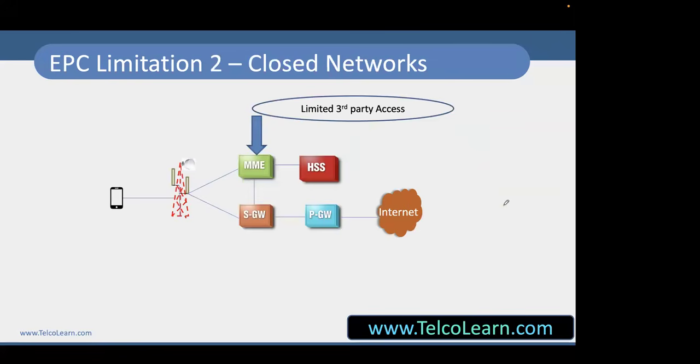The other limitation was that our core network had very limited third party access. They were not really providing standard APIs or open APIs for third party integration. However, at a later stage in release 12 and release 13, we introduced a new network function in 4G called SCEF, the service capability exposure function, which can expose the capability of the network to third parties, but it was not deployed at a big scale.